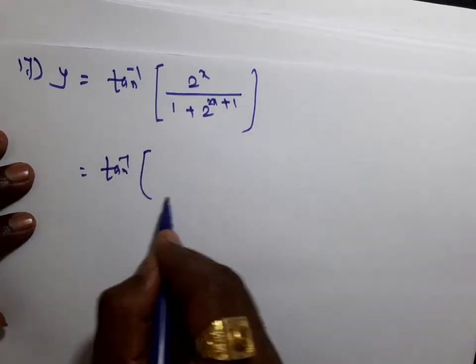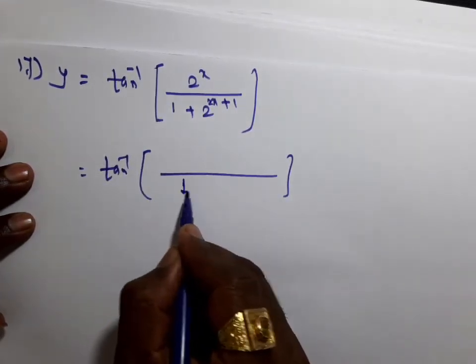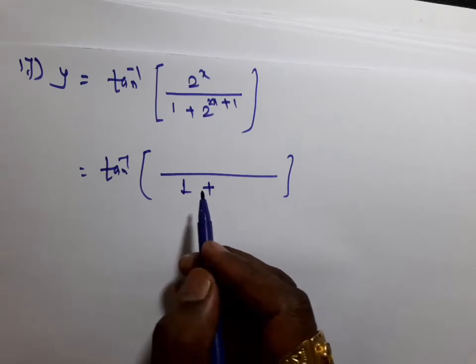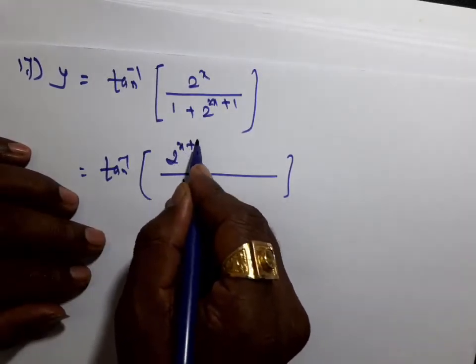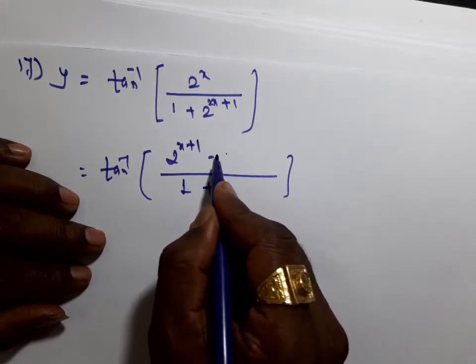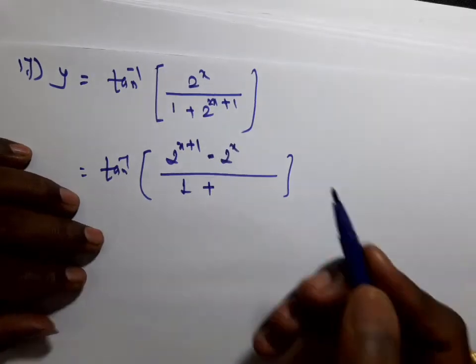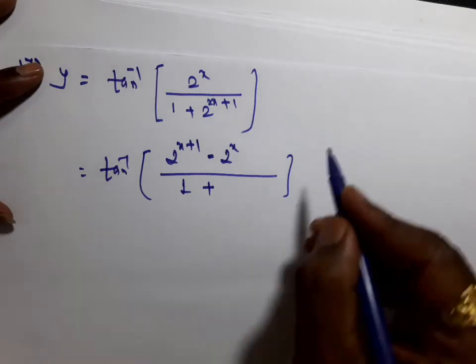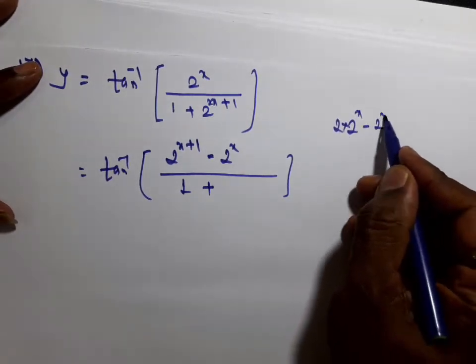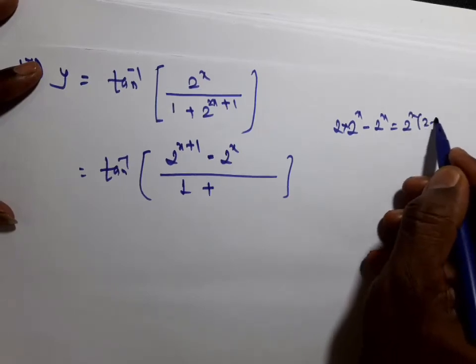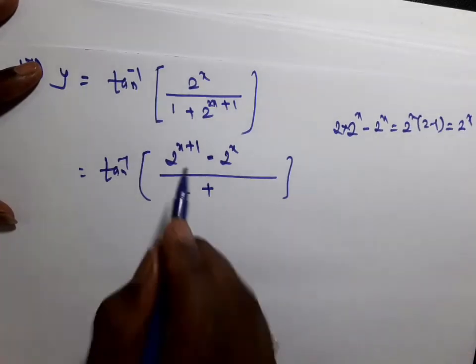Now just like previous, the thinking is the same. Here is a plus and there is one sign. Plus, there must be the numerator 2 raised to x plus 1 minus 2 raised to x. What is 2 raised to x plus 1? 2 raised to x into 2 minus 2 raised to x. So 2 raised to x is common. 2 minus 1 is 1, 2 raised to x.